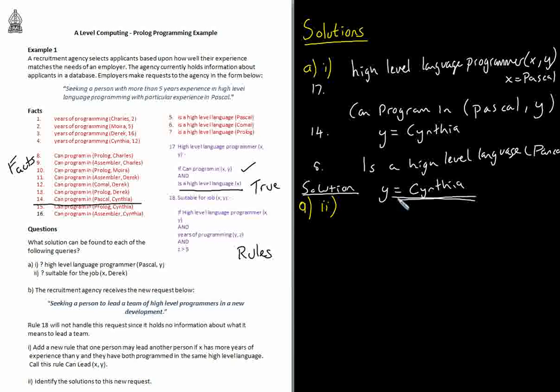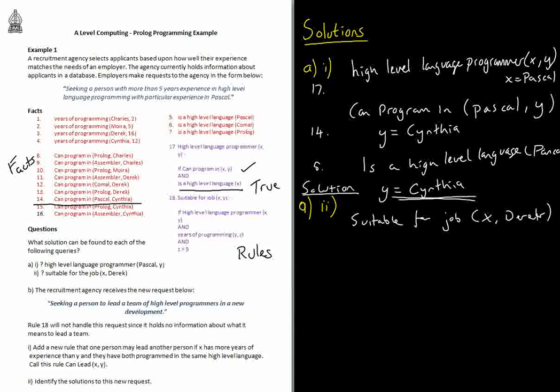Now moving on to part 2, suitable for the job, Derek. So I'm going to write suitable for job, and I've got X, comma Derek. What we're asking here, in the declarative programming language, is what jobs is Derek suitable for? What values of X can we find?